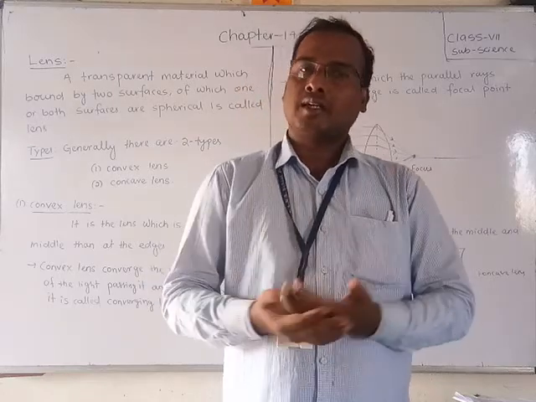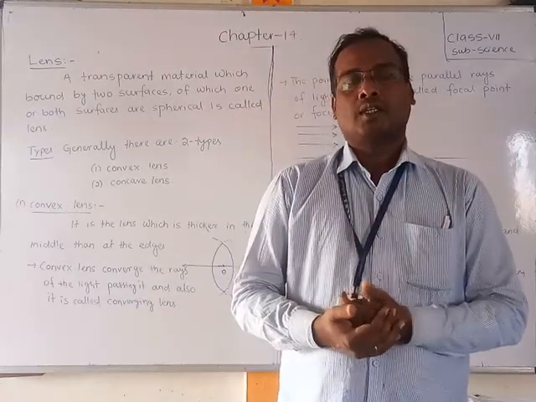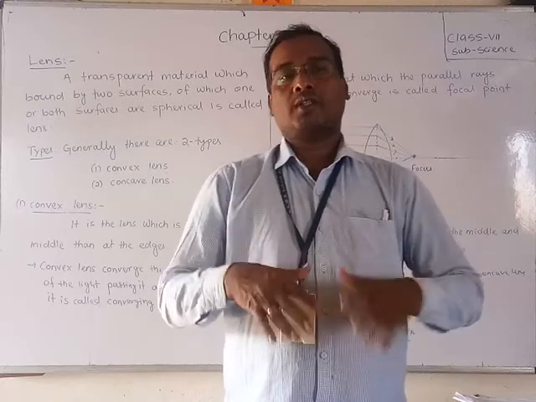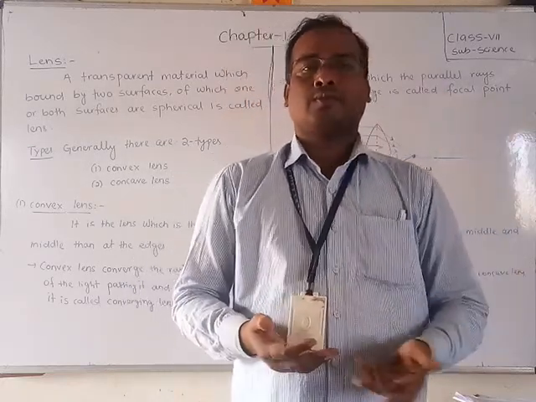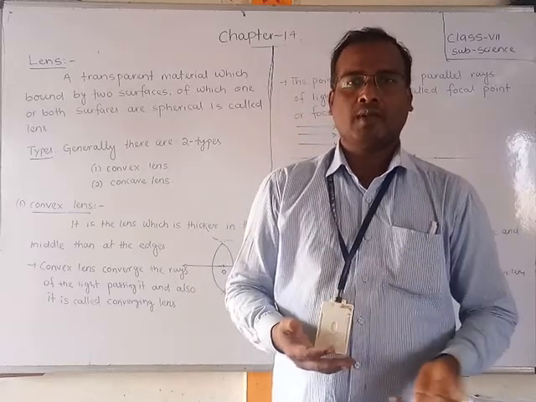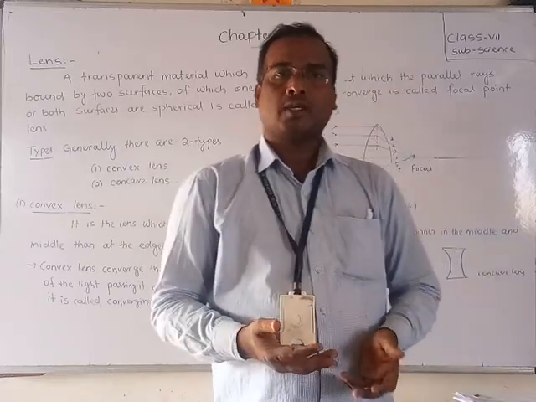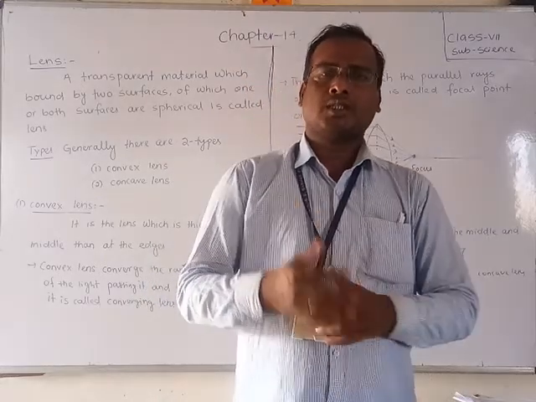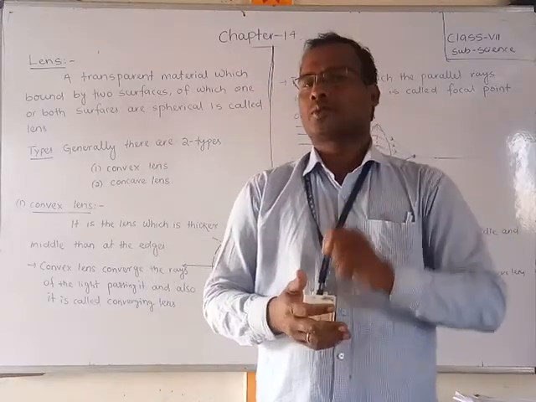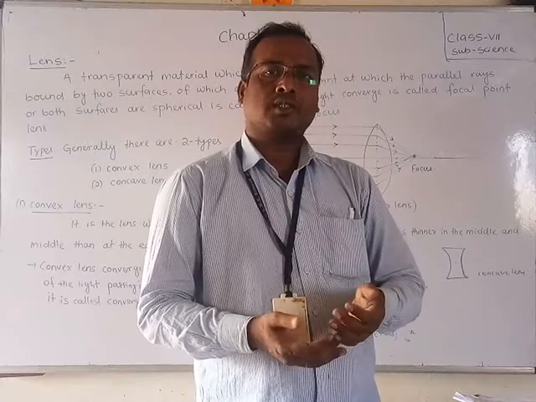There are generally two types of lenses. There are different types of lenses, such as biconvex, biconcave, plano-concave, but generally we classify them into two types: one is the convex lens and the other is the concave lens. What is a convex lens?